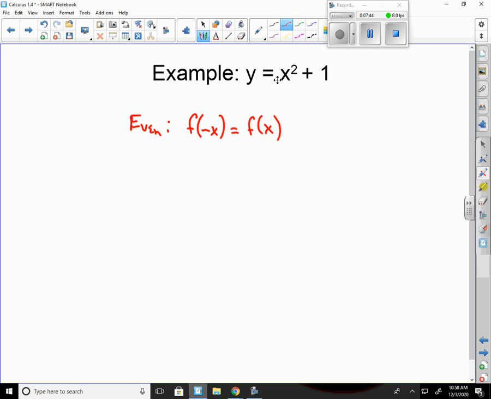So what that means is if I plug a negative x in here, it should give me the same exact equation. So when I plug this in, f of x is just our equation, x squared plus 1.